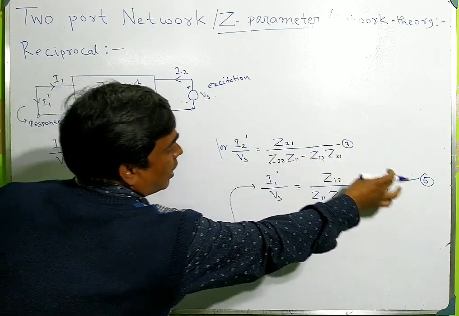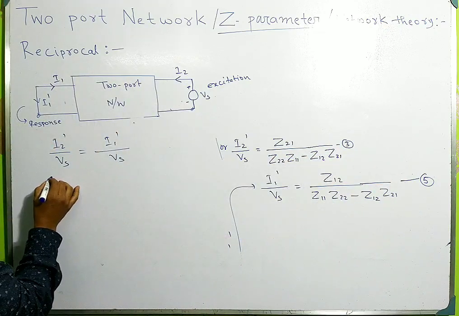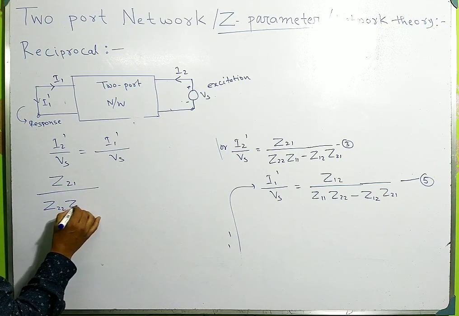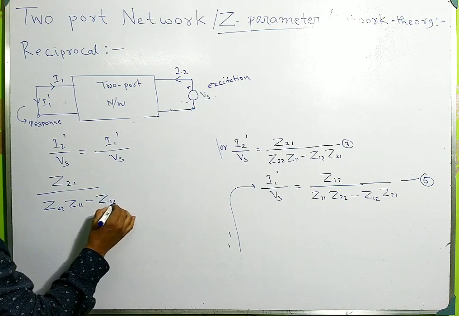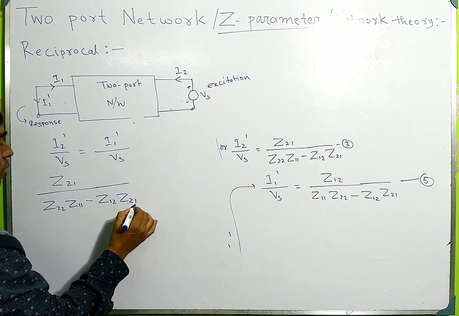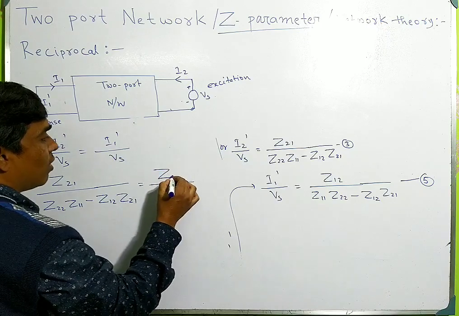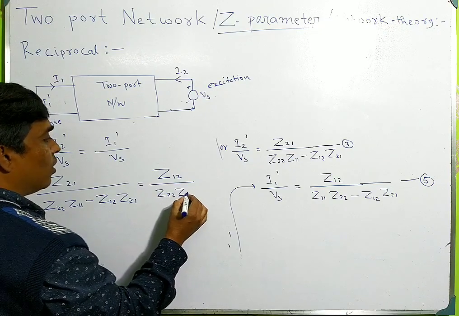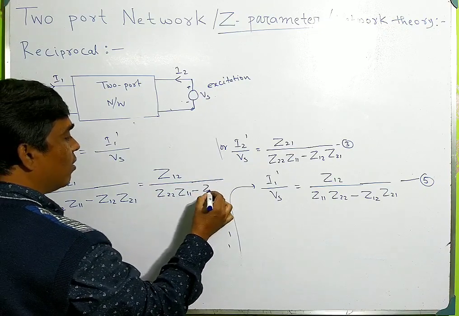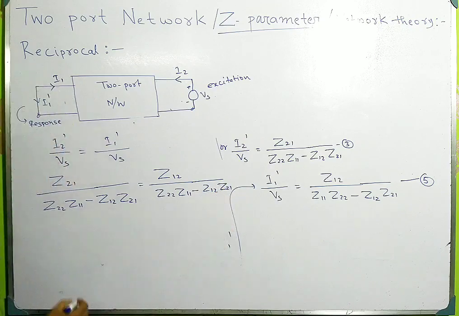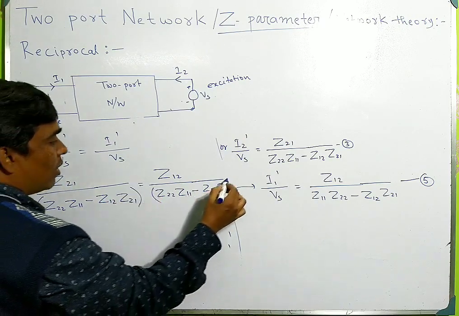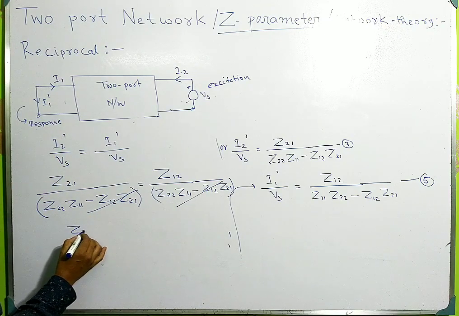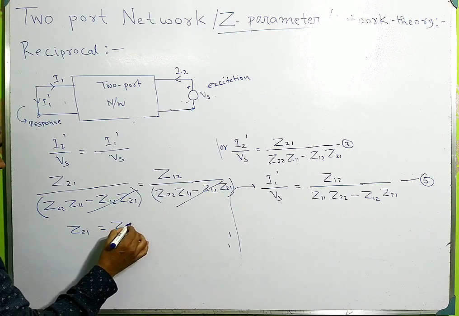So from equations 3 and 5 we can write that Z21 divided by (Z22 Z11 minus Z12 Z21) equals Z12 divided by (Z22 Z11 minus Z12 Z21). This term and this term are equal, so they cancel out. So Z21 equals Z12.